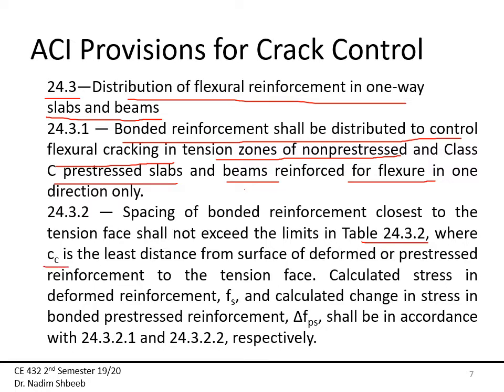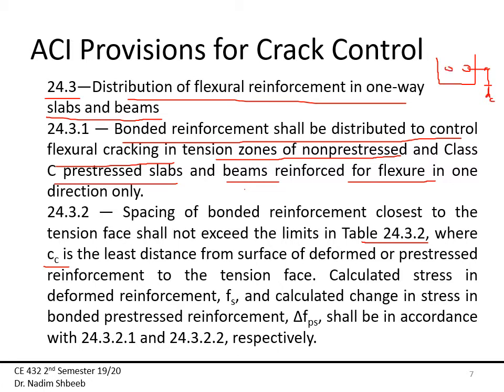cc is the distance from the surface of deformed or prestressed reinforcement to the tension face. Now remember in the equation we had the distance dc, which was to the center of the reinforcement, and this was my dc.